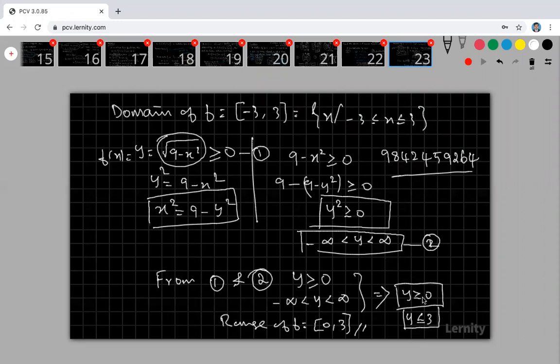So from this I am writing y greater than or equal to 0. My range is always positive, not negative. Yes, Santosh, y is the range. The set of all y values is the range. The set of all x values defines the domain.